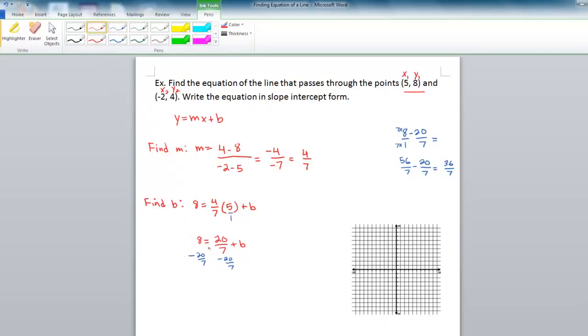So subtracting these two gives us 36 over 7. We've got b. We're ready now to write the slope-intercept form of the equation. Y is equal to m, which is 4 over 7, times x plus b, which is 36 over 7.